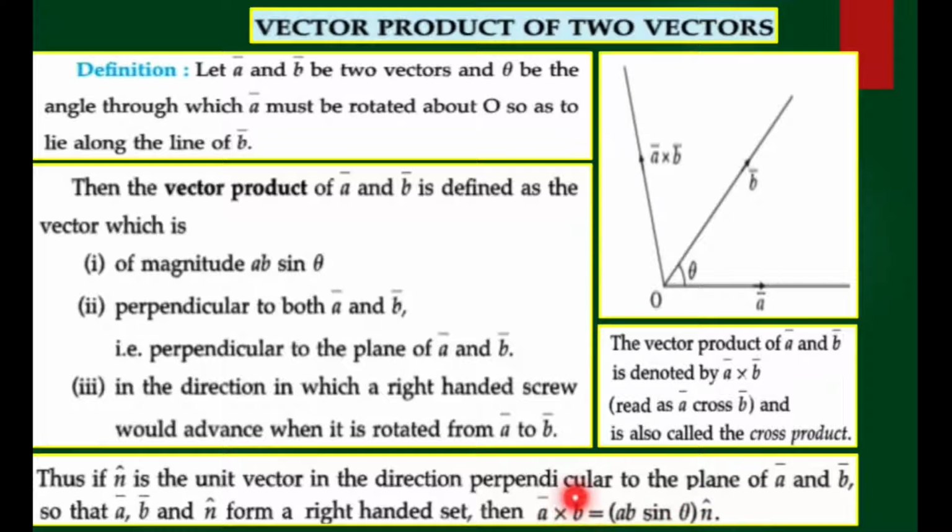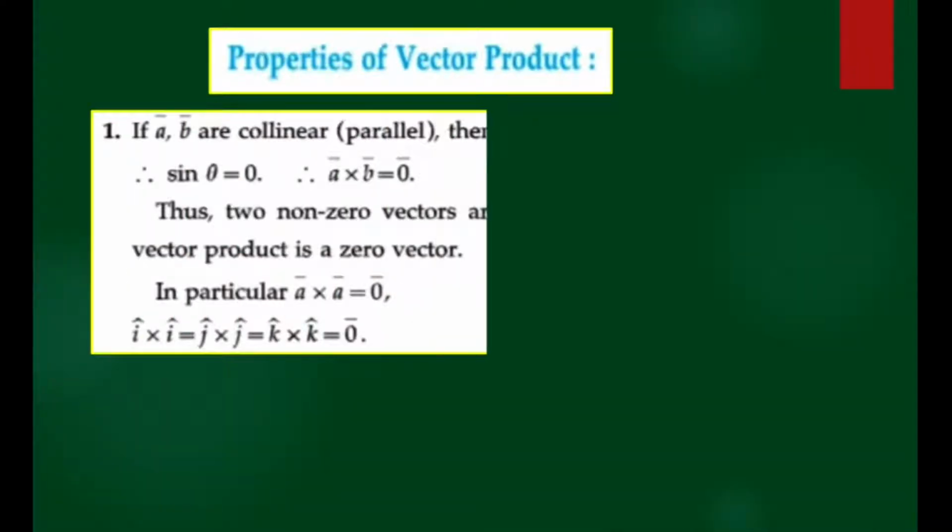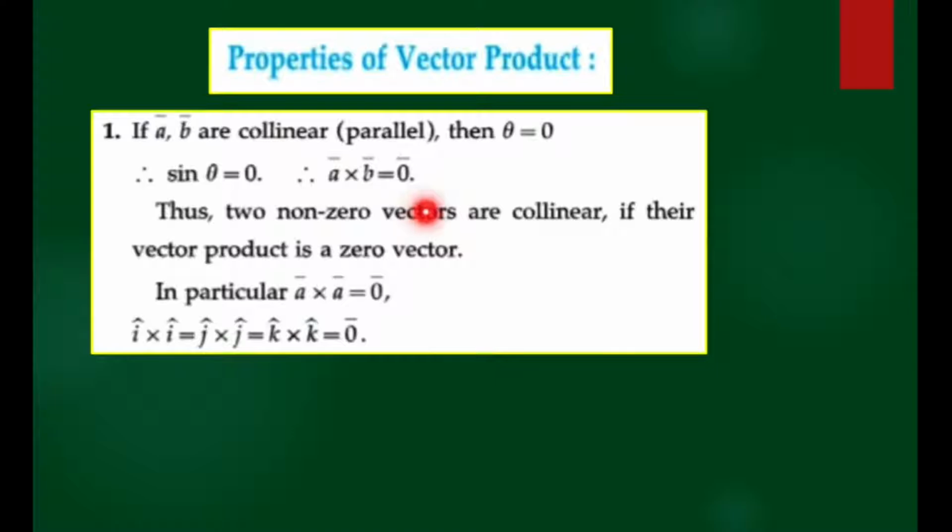So their cross product is 0. That means when two vectors are parallel, that is collinear, their cross product is 0, not only 0, the zero vector. Thus two non-zero vectors are collinear if their vector product is the zero vector. In particular, A bar cross A bar equals the zero vector.